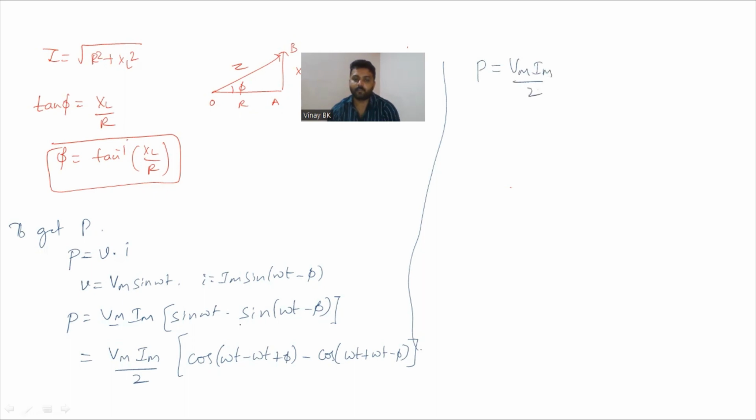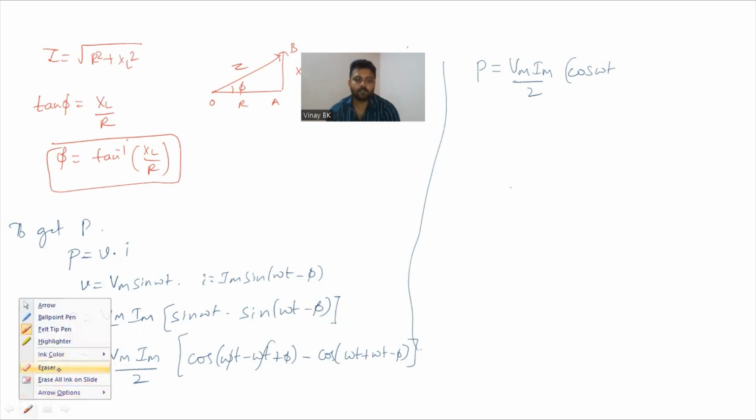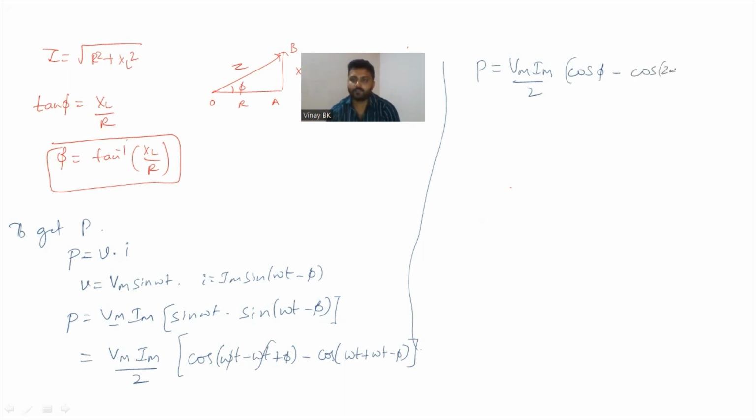This omega t and omega t will get cancelled, so you get cos phi, minus, omega t plus omega t is nothing but 2 omega t, cos 2 omega t minus phi.